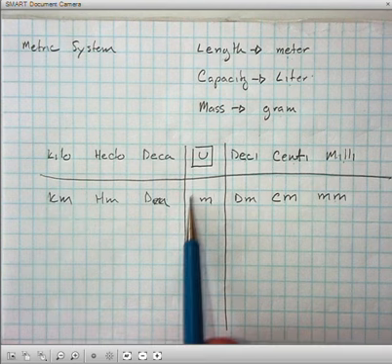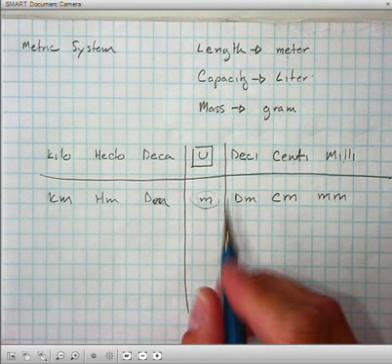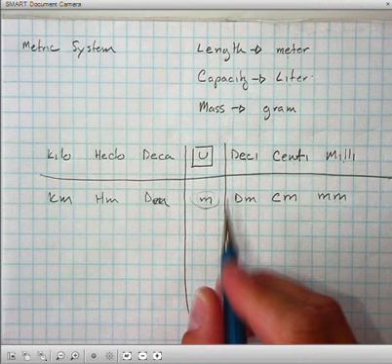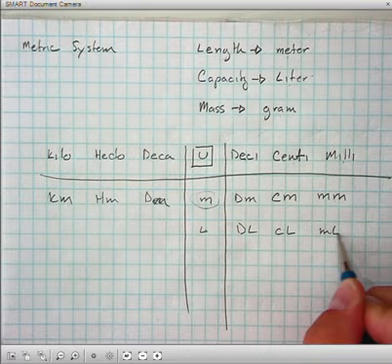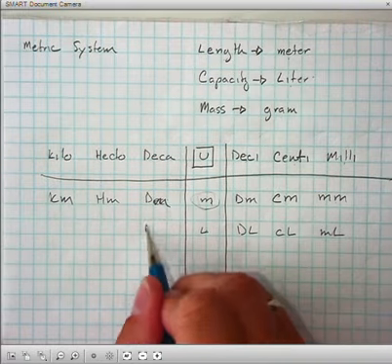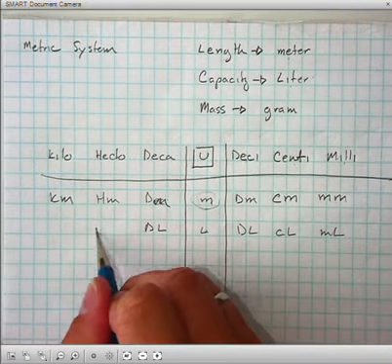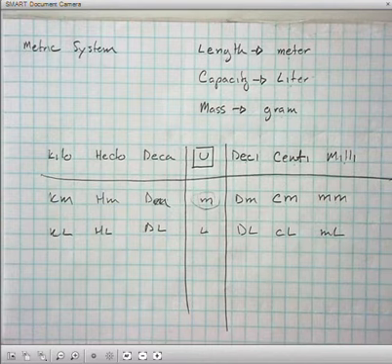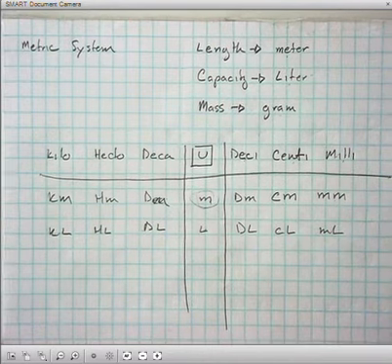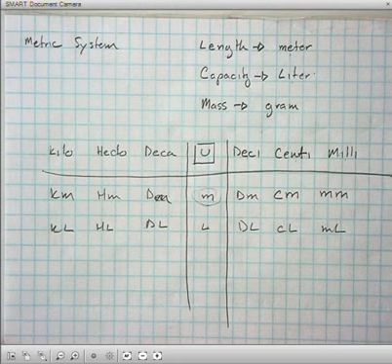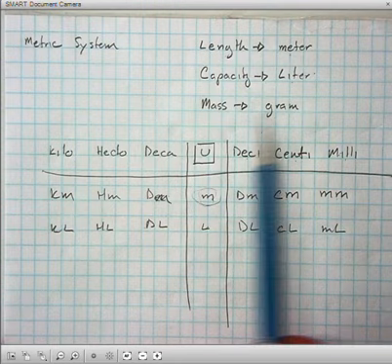They're all meters. If I'm dealing with liquid measurements, I have liters: deciliter, centiliter, milliliter, decaliter, hectoliter, and kiloliter. And the last one is dealing with mass, with grams.